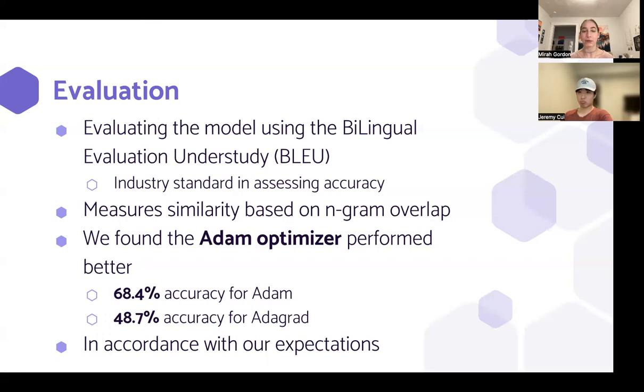And we found with this that the Adam optimizer performed better, producing an accuracy score of 68.4%, which was significantly better than the 48.7 for the Adagrad.